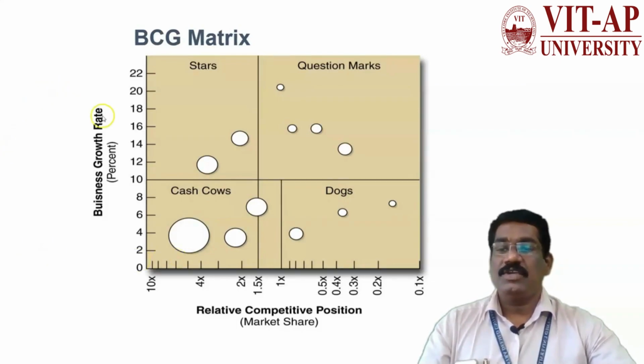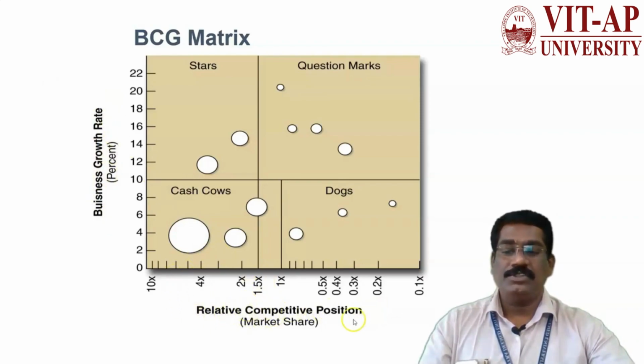Let us see this in more detail with an appropriate example. If you look at this, you can see the business growth rate, calculated in terms of percentage, and the relative competitive position in terms of market share. That is how much market share the product has when compared to the competitor.